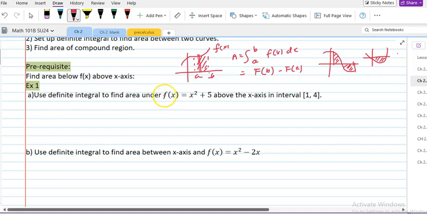This example is: find the area under f of x equals x squared plus 5, but above the x-axis. So in all cases, when we find area, we want to make sure that we sketch the area or sketch the graph. X squared plus 5 is a transformation of y equals x squared, which is the parabola. Plus 5 means it's a parabola shifted up 5, with the vertex at 5 here.